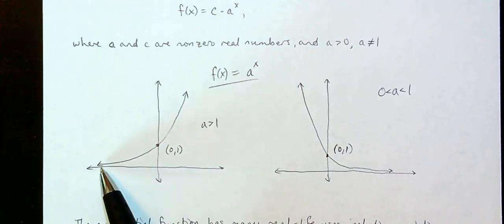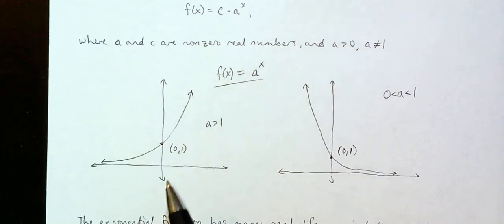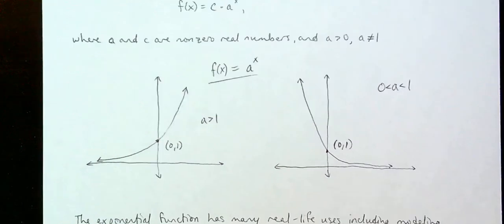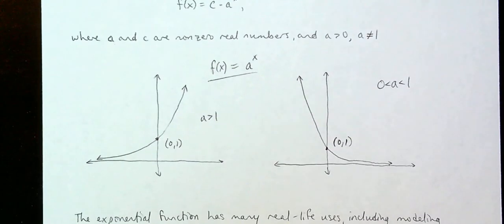The function is going to get really, really close to this x-axis, but it's never going to actually hit it. And there's a name for a horizontal line that your function gets really, really close to, but never actually touches when we go far out. It's called a horizontal asymptote.